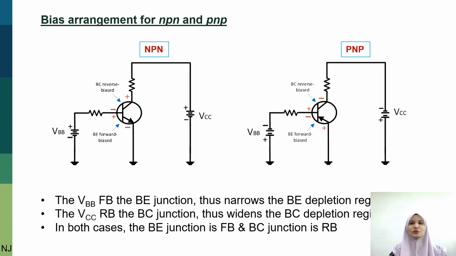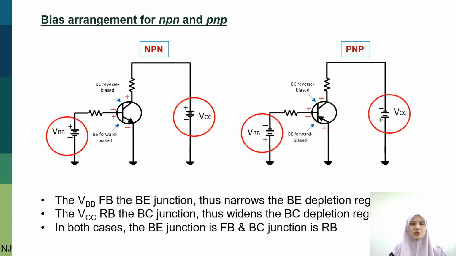Now let's look at the bias arrangement for the NPN and PNP. Again, can you spot the difference between these two types? The difference lies in the polarity of the VBB and VCC. For the NPN, the polarity of VBB is minus plus, and for the PNP it is plus minus.